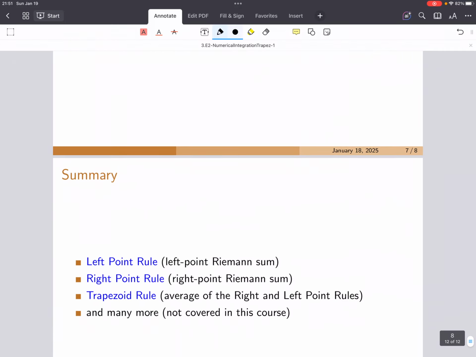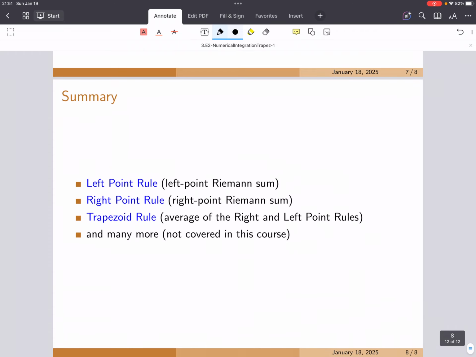All right, well, that's it. So we've looked at 3 numerical integration methods to estimate the value of a definite integral. We've tried the left point rule, the right point rule. The disadvantage of those first 2 rules is that one of the data points is left out. For the left point rule, you leave out the last one.